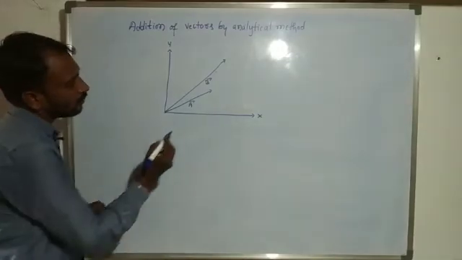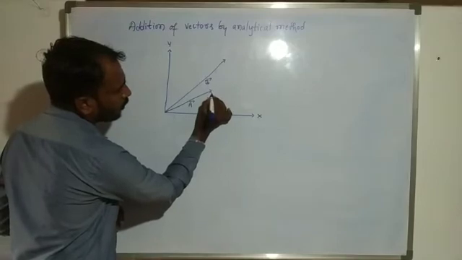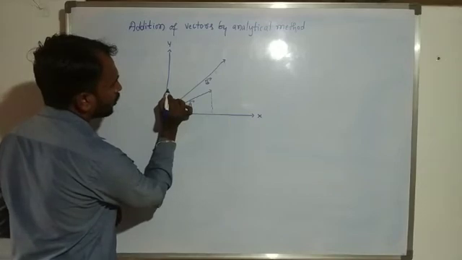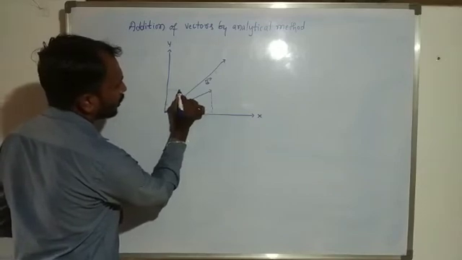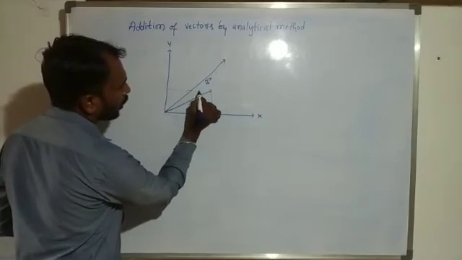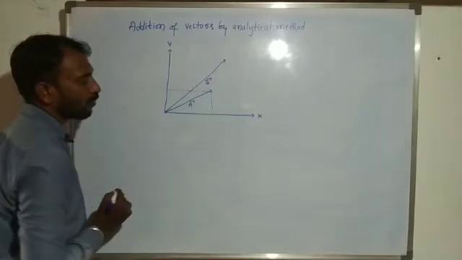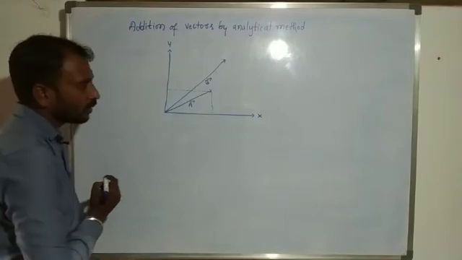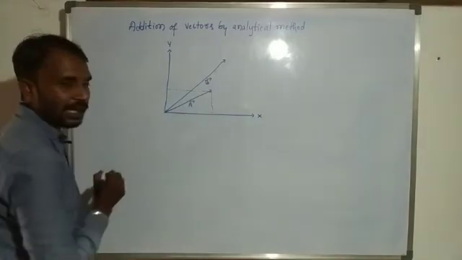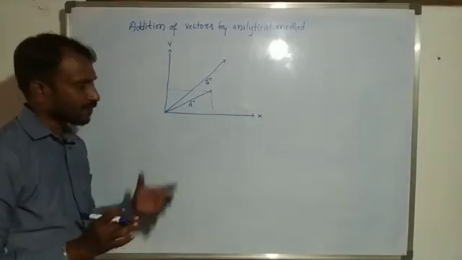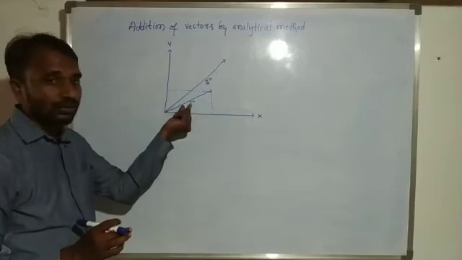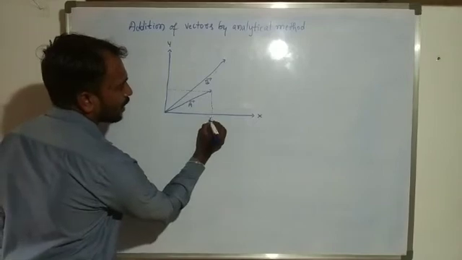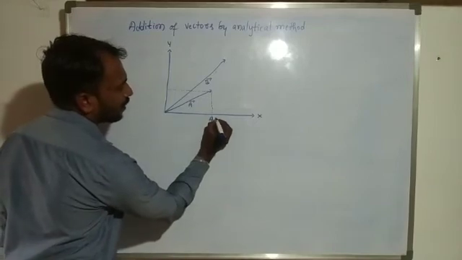Okay, so for these vectors, suppose we consider the components along the x axis and y axis. This one is vector A. The component of vector A along the x axis is Ax i cap.